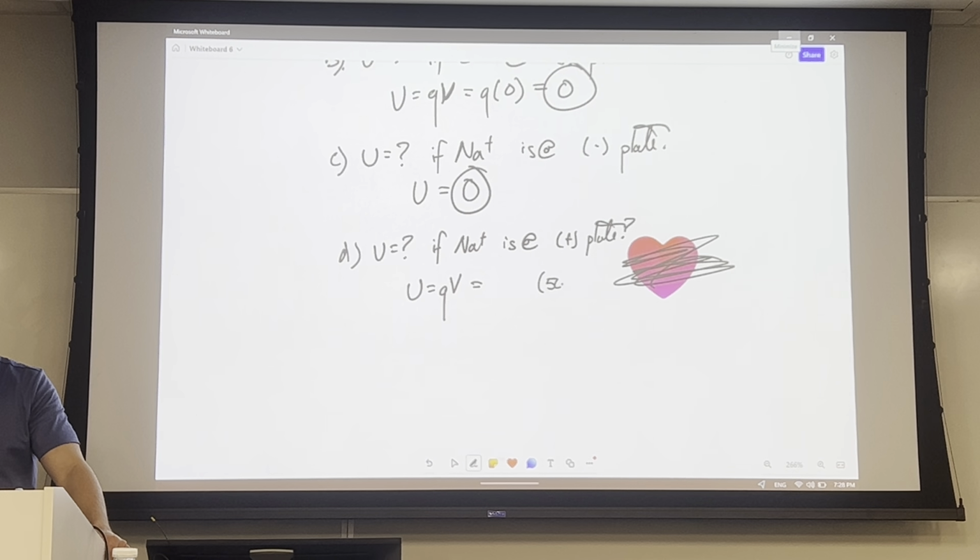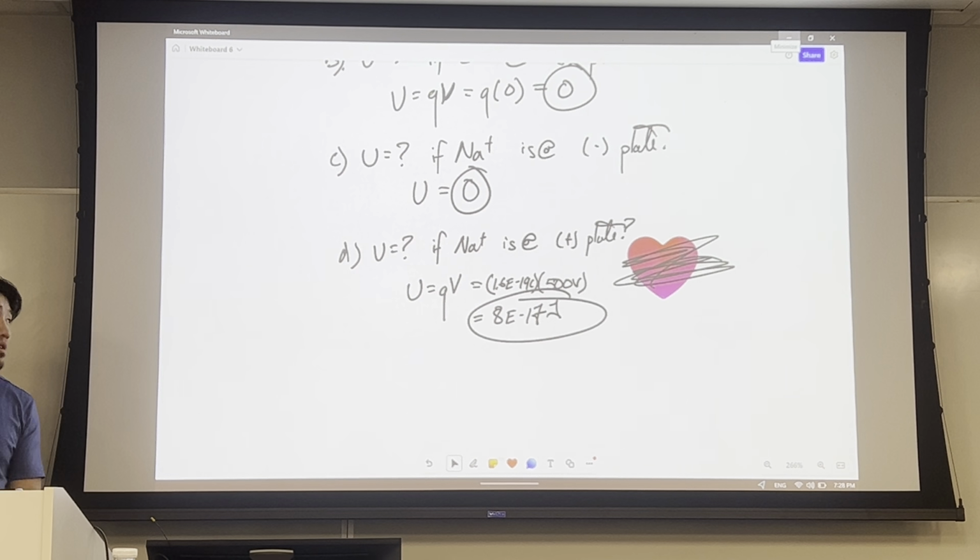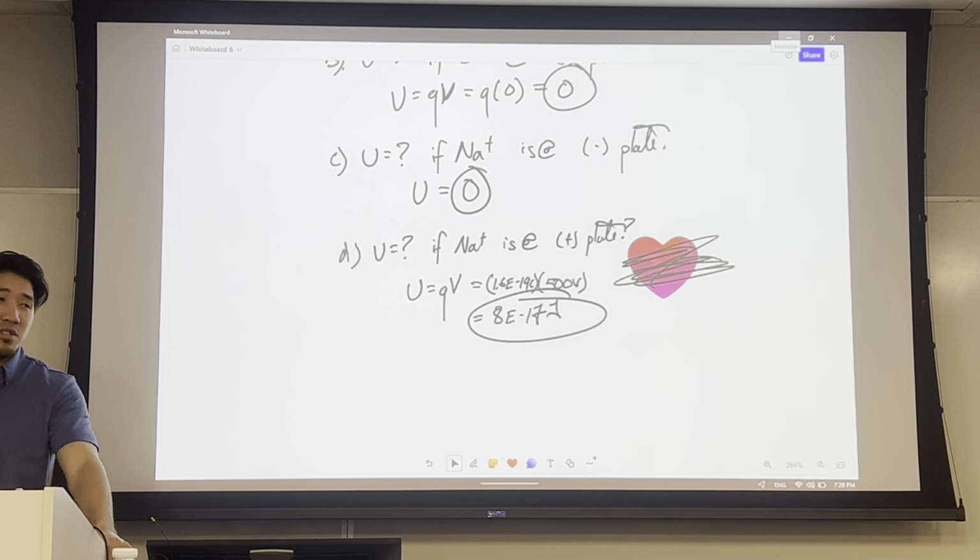But what is the charge Q? Well, I mentioned this way at the beginning. A positive charge simply has an absence of an electron, so the charge is still 1.6 times 10 to the negative 19 coulombs. And so this is 8 times 10 to the negative 17 joules. So a positively charged ion has the same charge as an electron. It's just a removal of an electron.